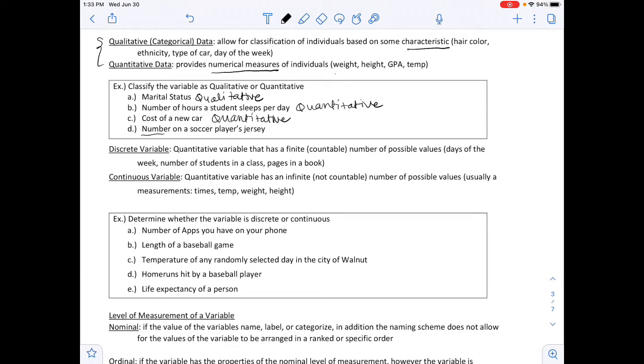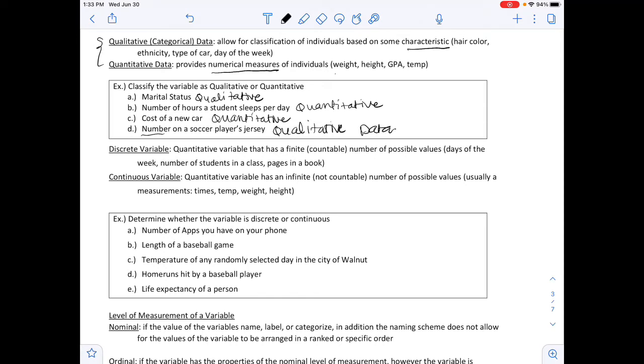So we can just go ahead and pretend this is for recreational soccer, where kids select their own numbers. Because it's a numerical value that doesn't have any kind of measurement, since it is a rec soccer league that we're talking about, this is actually an example of qualitative data.